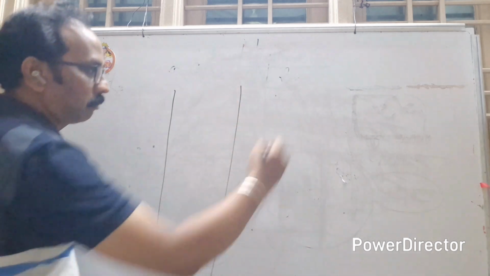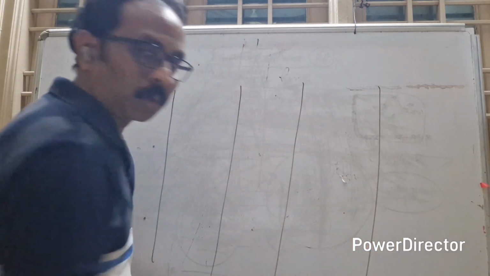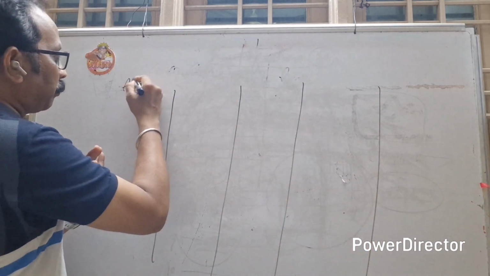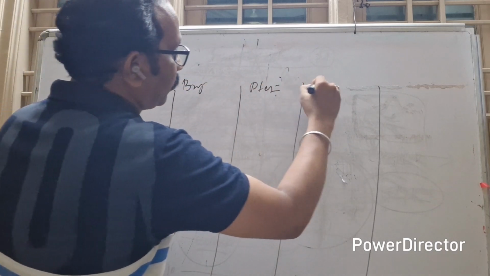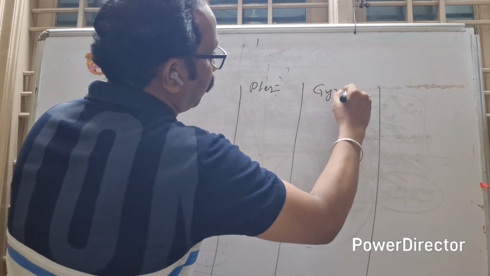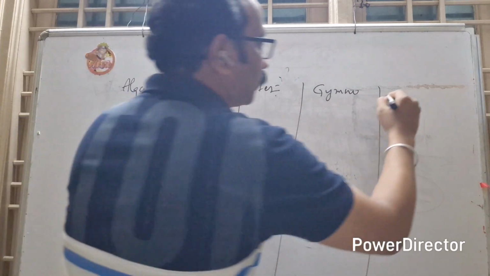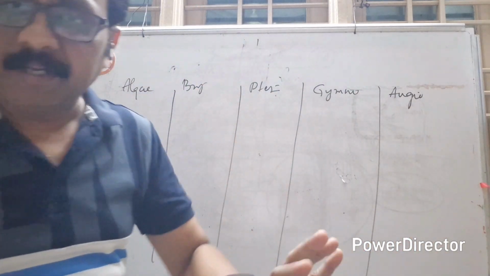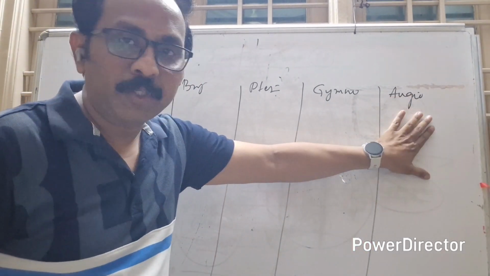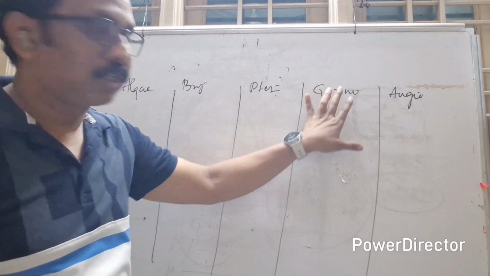First you have to divide the total plant groups: algae and bryophytes, pteridophytes, gymnosperms, and lastly angiosperms. Of course the angiosperms, even though deleted, consider the angiospermic nature, it is relevant to the gymnospermic nature.